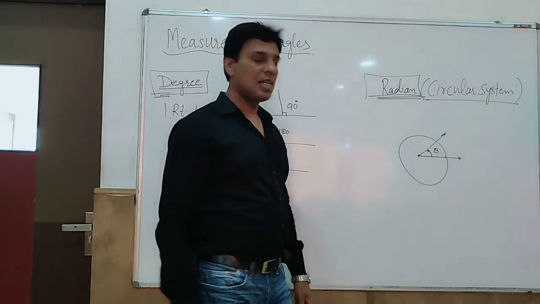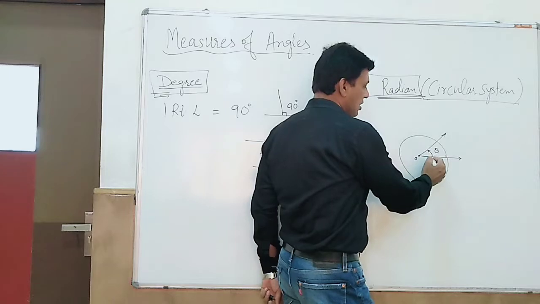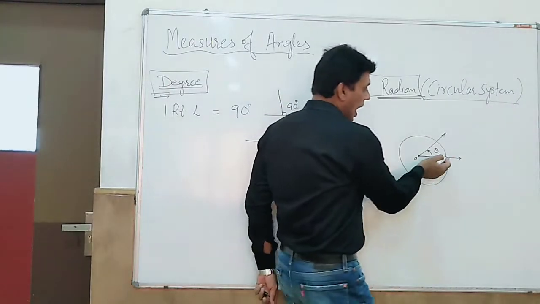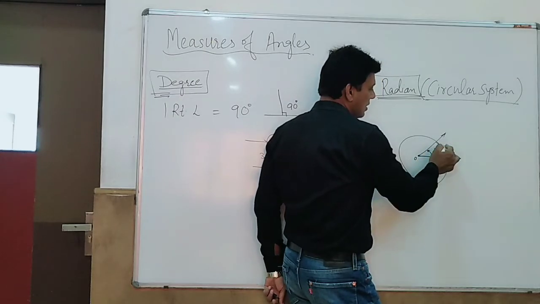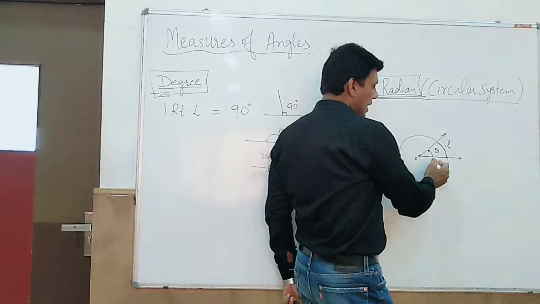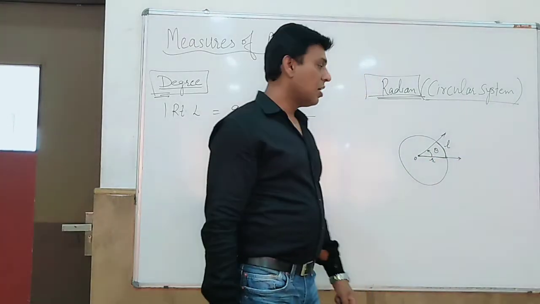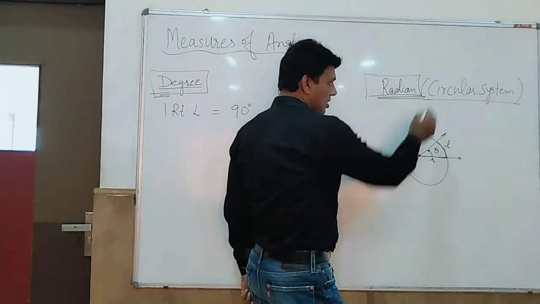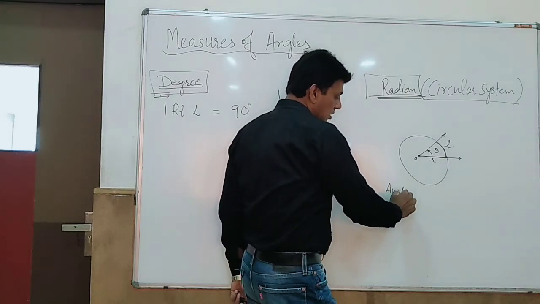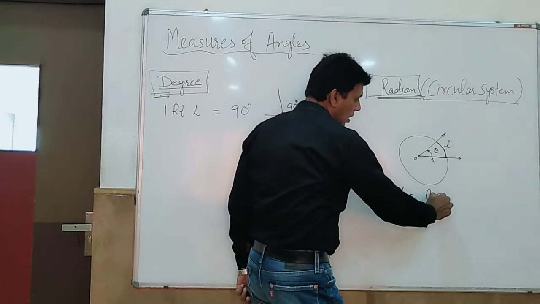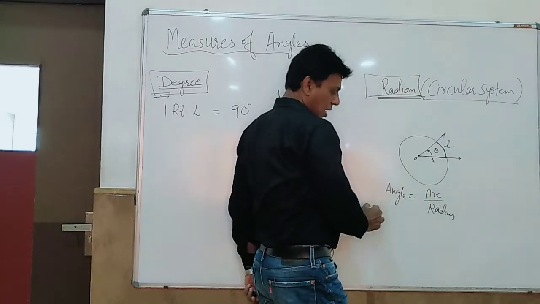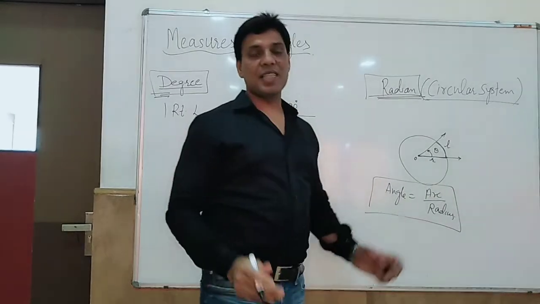Suppose this side is r, this radius is r, and this arc is L. For convenience, you can take, suppose, centimeter, r centimeter and L centimeter. Now, how can we define this angle in circular measurement? Angle is equal to arc upon radius.